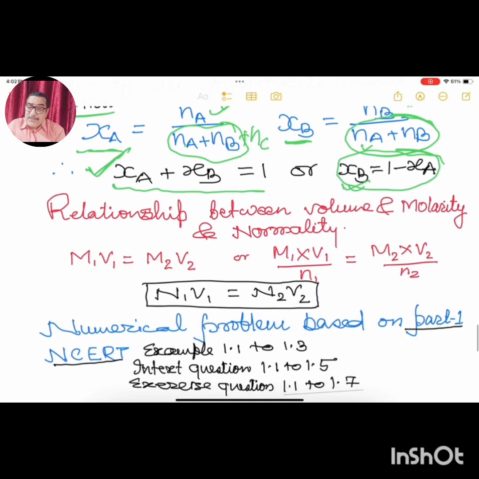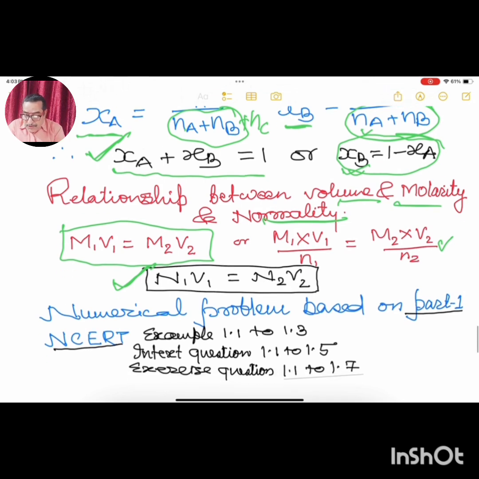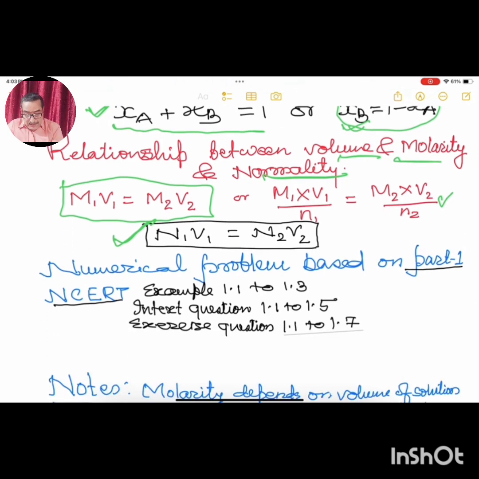Now this topic is not only important for theory, it is also important for numericals. The relationship between volume and molarity and normality: this is the general formula, M1 V1 equals M2 V2, or if you change into the number of moles, the second formula. In case of normality, we use N1 V1 equals N2 V2.